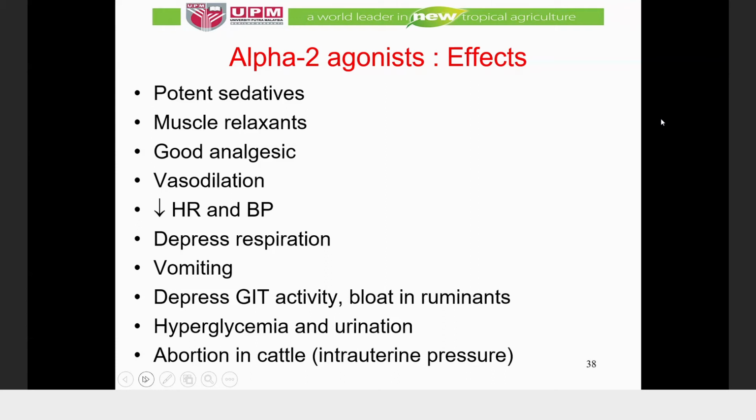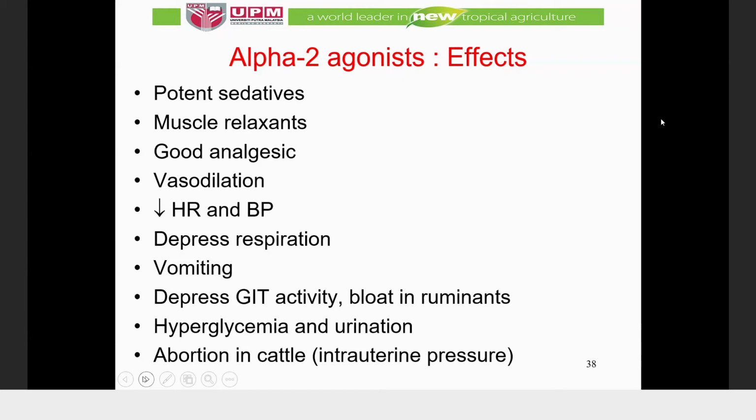Vasodilation. They decrease the heart rate and decrease the blood pressure. They also depress respiration. They cause vomiting also. When you give xylazine to cats or dogs, once the effect starts, they will start vomiting. And they depress GIT activity.